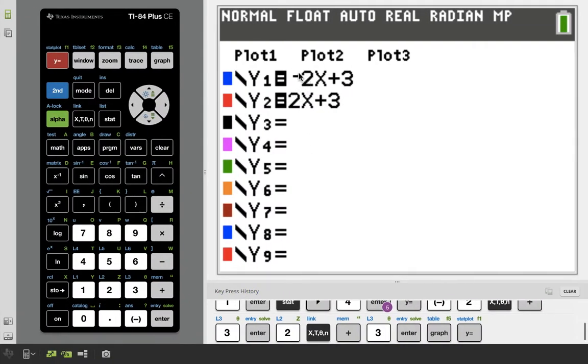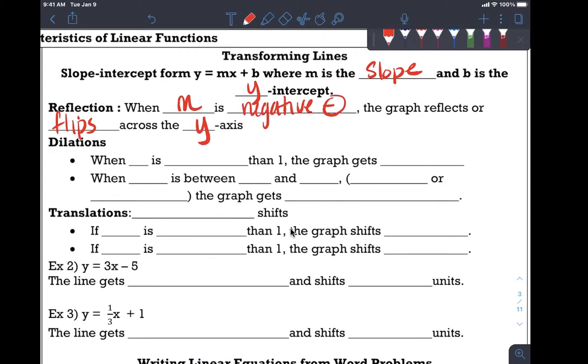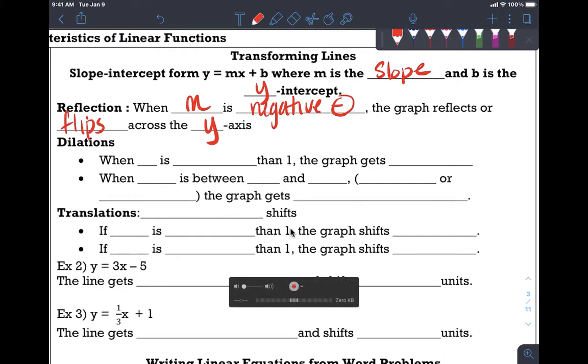As you can see here, I put one slope is negative, one slope is positive. So let's take a look at the graph. And as you can see, they are mirror images with the y-axis acting as a mirror. This, same distance here, same distance here, okay? So all it did was just flip around to the other side. Let's talk about dilation.